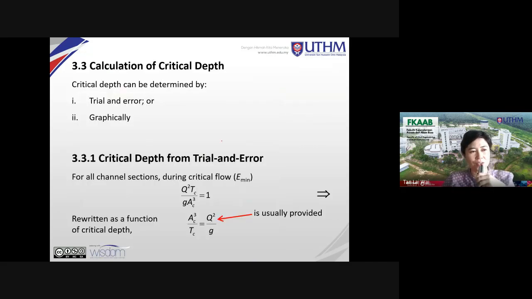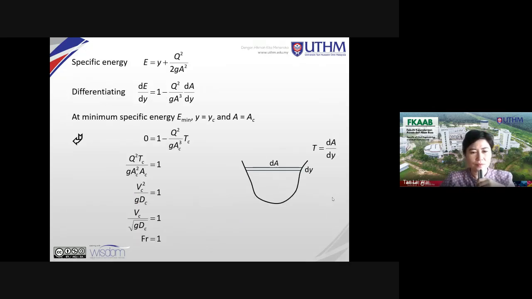Okay, let's take a look at that. Now, calculation of critical depth. Critical depth from trial and error. We actually have this expression earlier. Remember this expression here, where we have the specific energy equation.